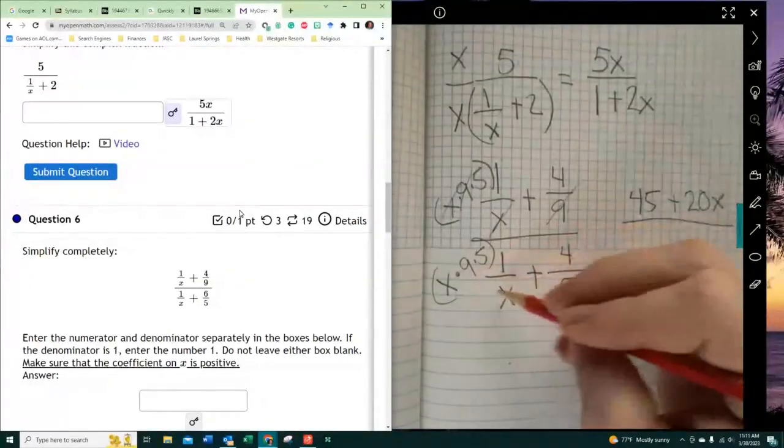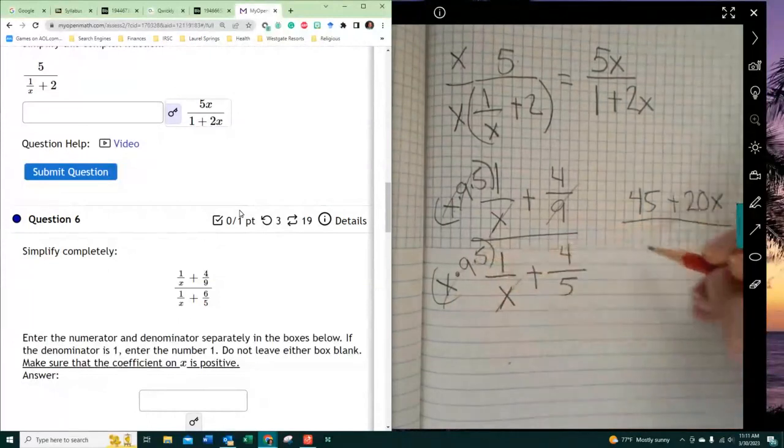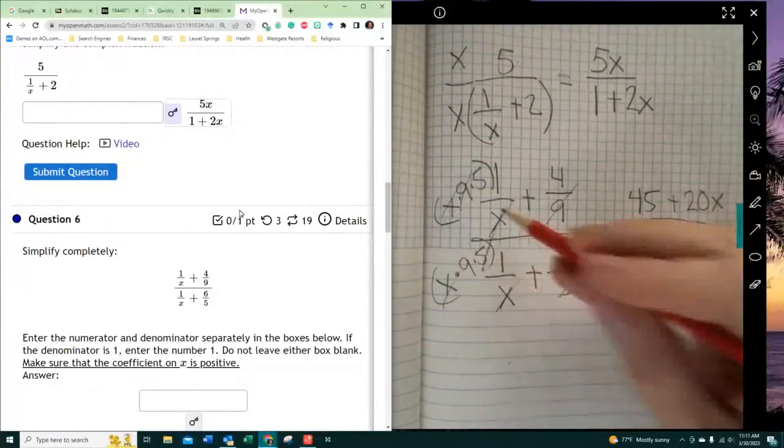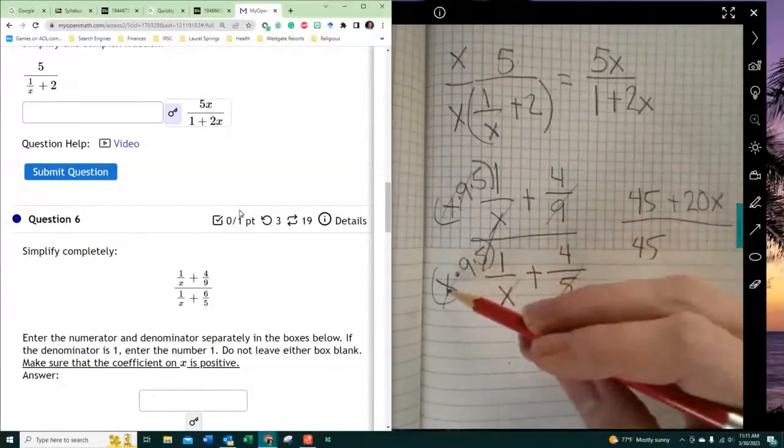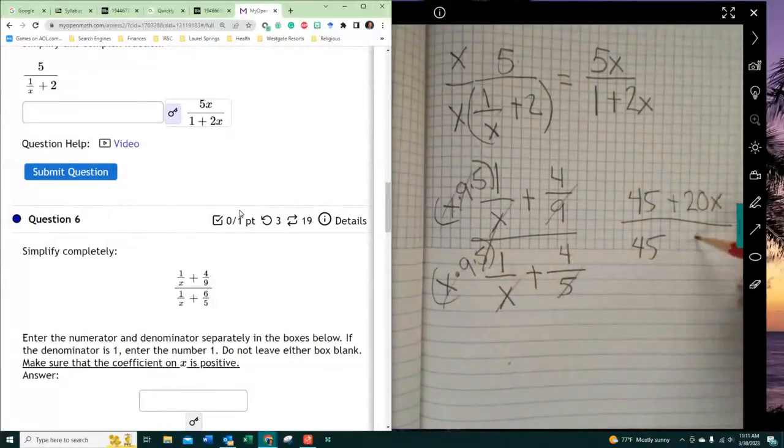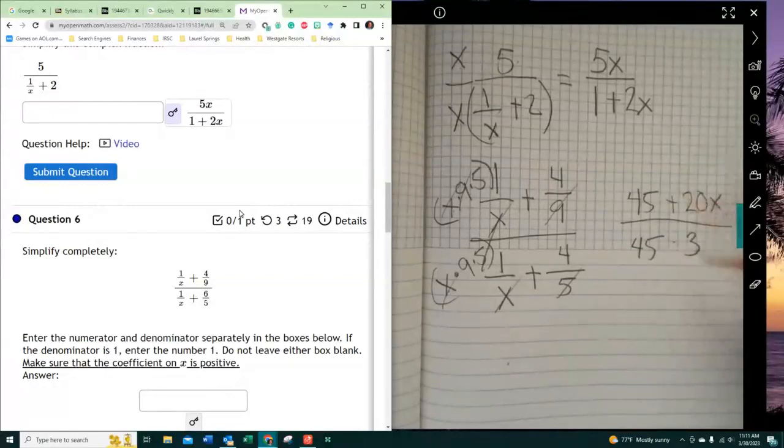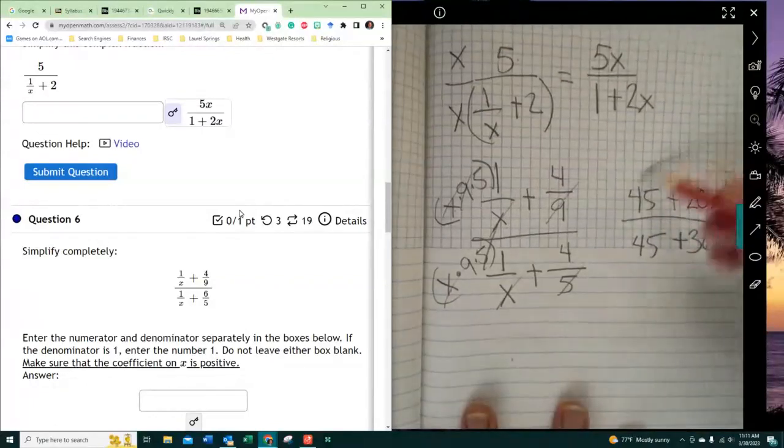And then the x's wipe each other out, leaving me with 45. And then the 5s knock each other out, leaving 9 times x times 4, which is plus 36 times x, and then I'm done. There's my answer.